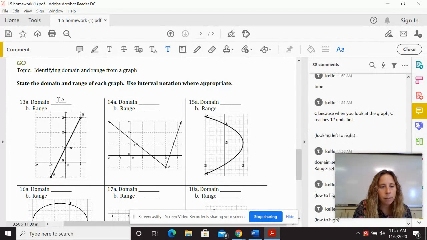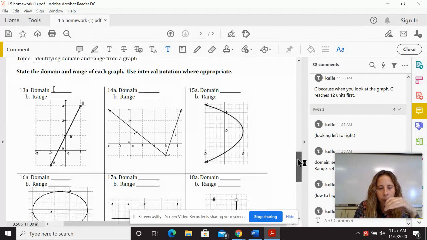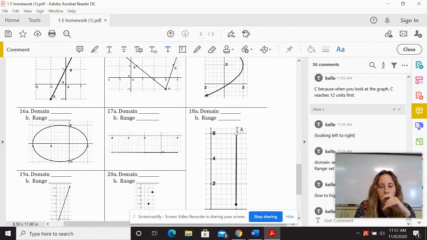My farthest right point is 1. So for your domain, you would use brackets because there's not a hole. If there was a hole, like let's see, who has a hole? Oh, number 18. 18 has a hole. That means you are approaching that point, but you never actually get there. You would use a parenthesis.